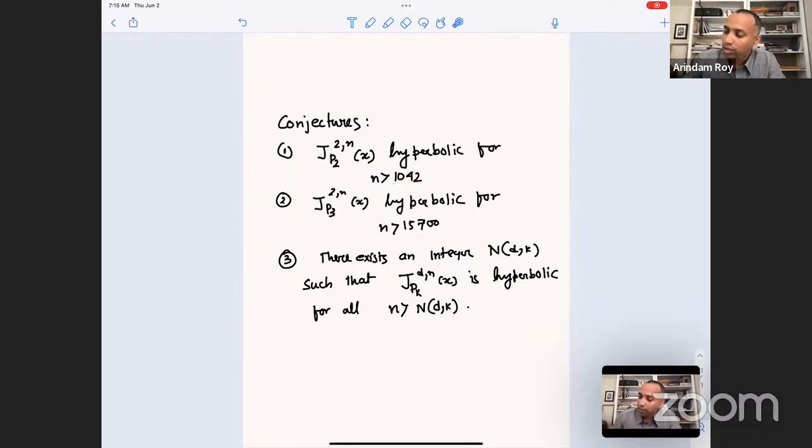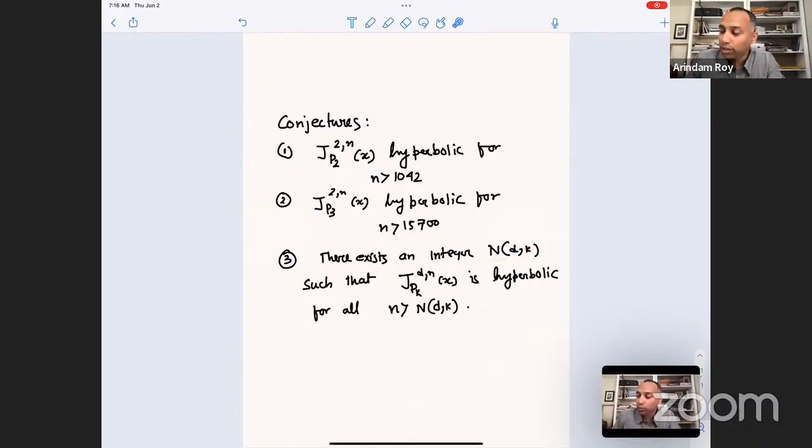And I think the big conjecture should be, there exists an integer N which depends on the degree d and the power k, so that this Jensen polynomial J_{p_k}^{d,n} is hyperbolic for all n bigger than N(d,k). For a fixed k, let's say 2, getting the N(d) will be challenging.